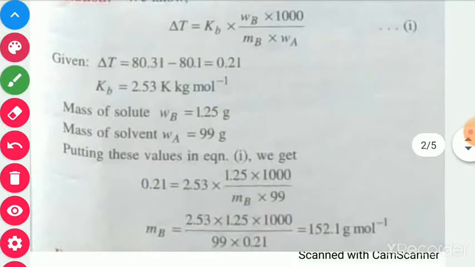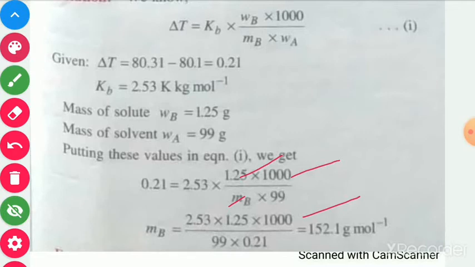Delta T is 0.21, Kb 2.53, WB is 1.25 gram into 1000 upon MB, the molar mass of solute, which we have to find, into 99, the mass of solvent.